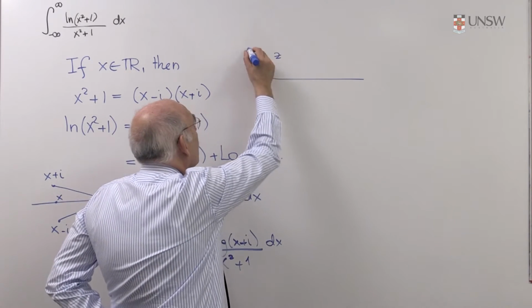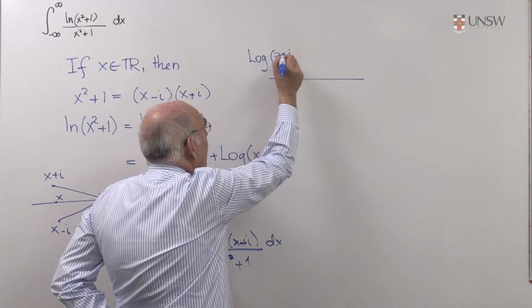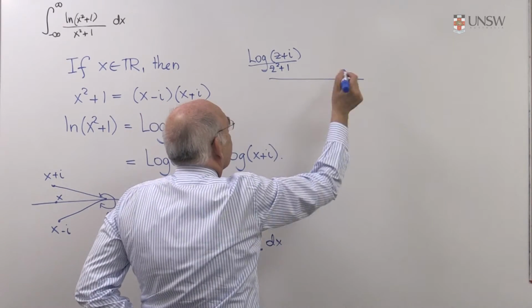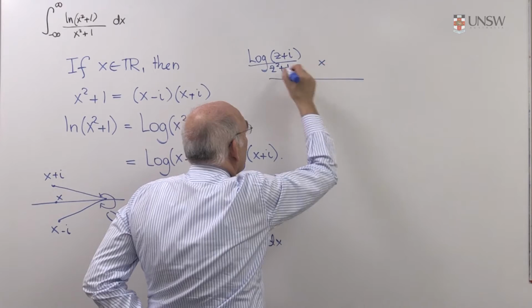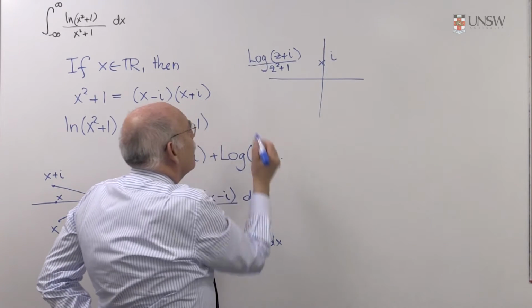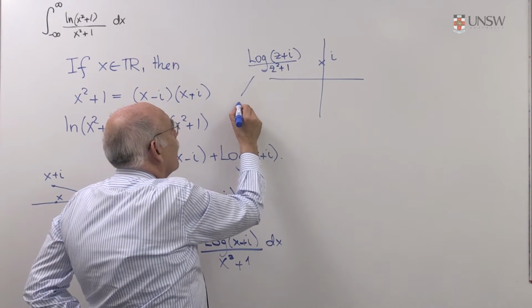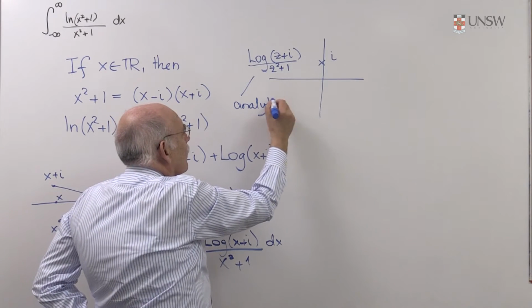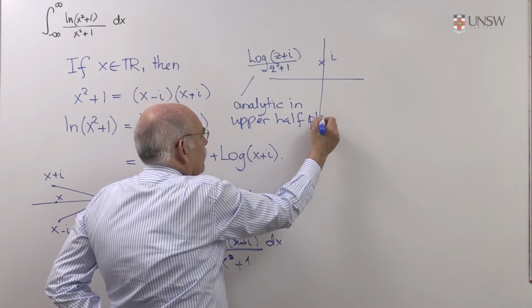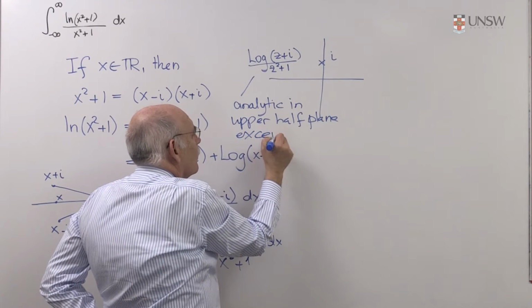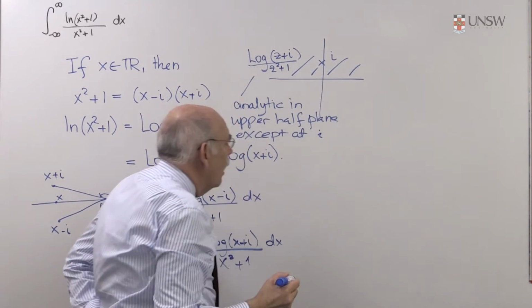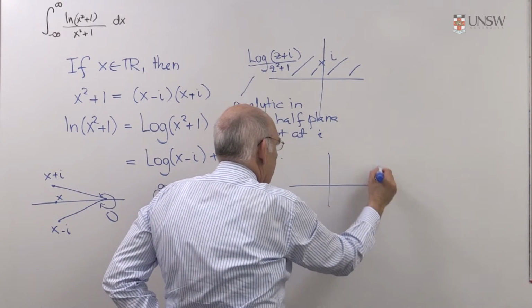So log of z plus i over z squared plus 1 is analytic in the upper half plane, except for the singularity at i.